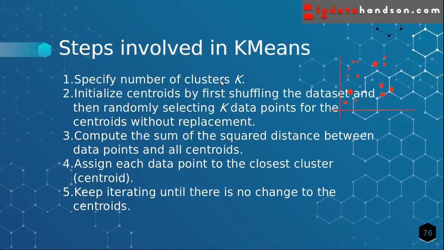The second step is to initialize centroids by first shuffling the dataset and then randomly selecting K data points for the centroids without replacement.